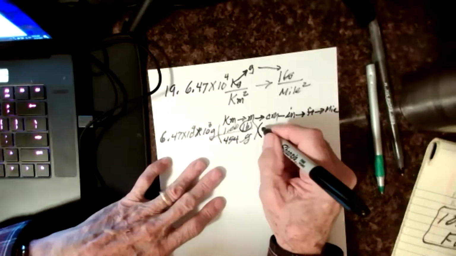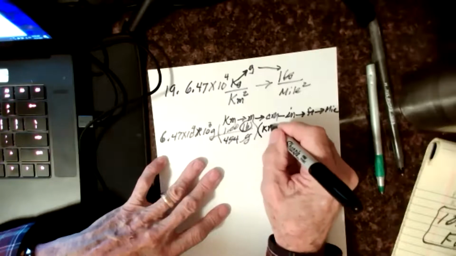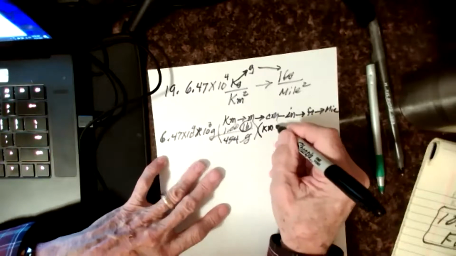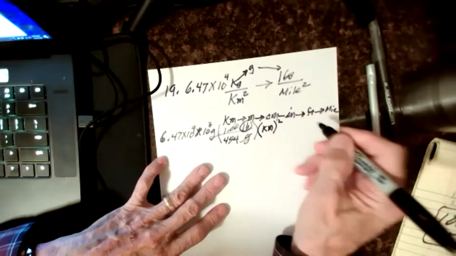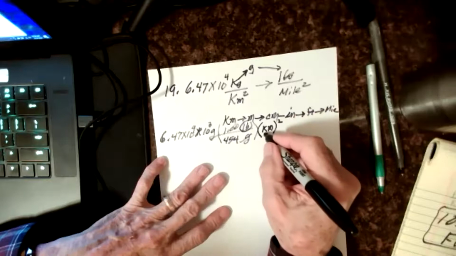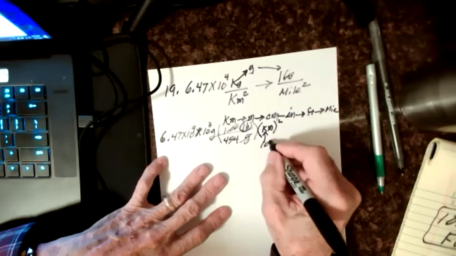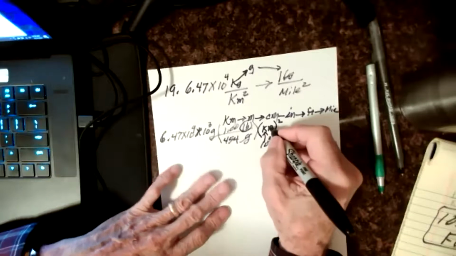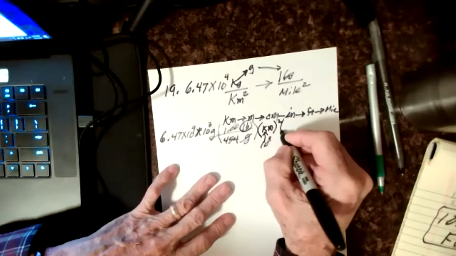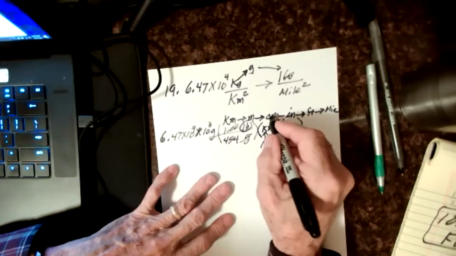Well, I've got kilometers, and that's squared. Well, I'm going to replace kilo with what it's equal to. So that right there is a 10 to the 3rd. Now I've got meters squared. I've got to go from meters to centimeters.